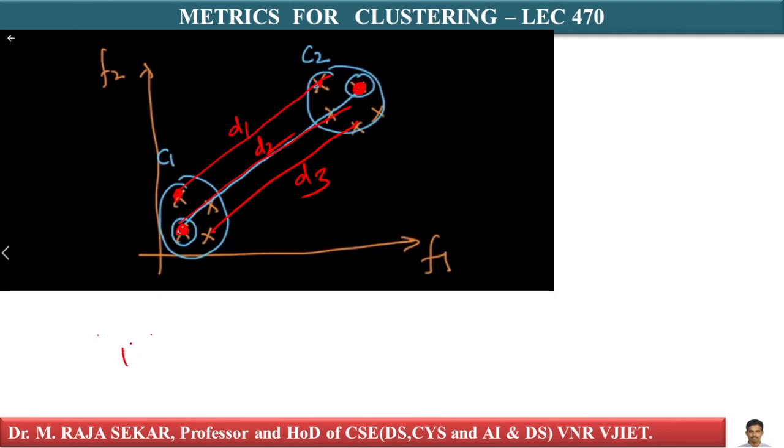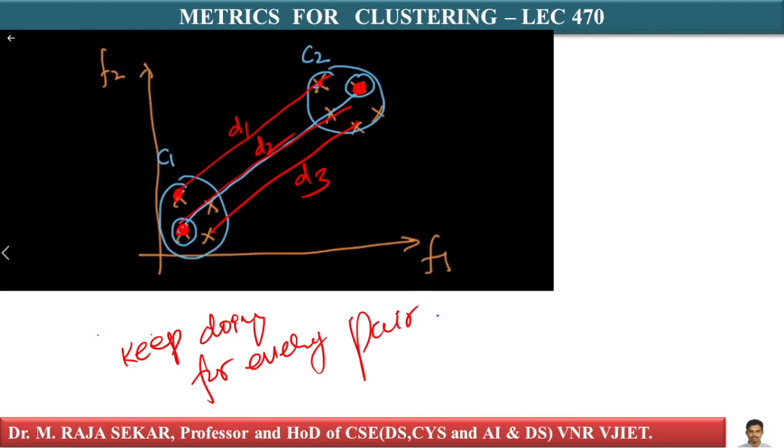Keep doing this for every pair of points, where one point is from cluster C1 and the other point is from cluster C2. Let me say this is C1, this is C2.